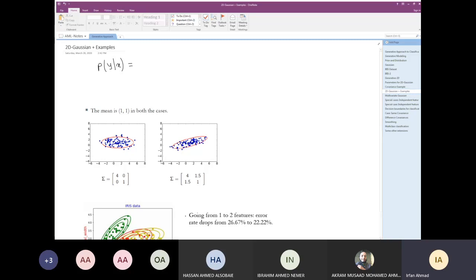What we look at is the same idea. You have 2 pi, but now instead of the standard deviation, it is a covariance matrix, and this is the square root of the determinant of the covariance matrix, right? So the square root of the determinant of the covariance.